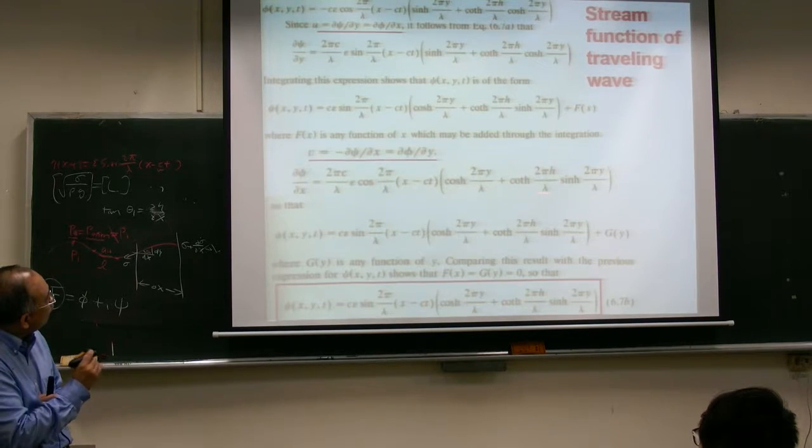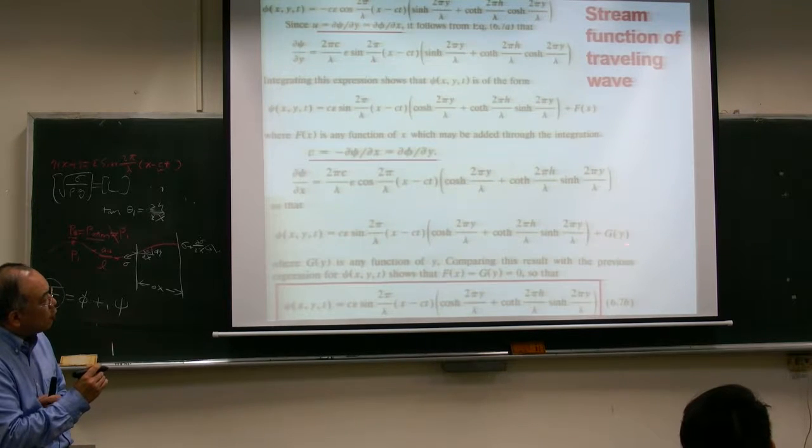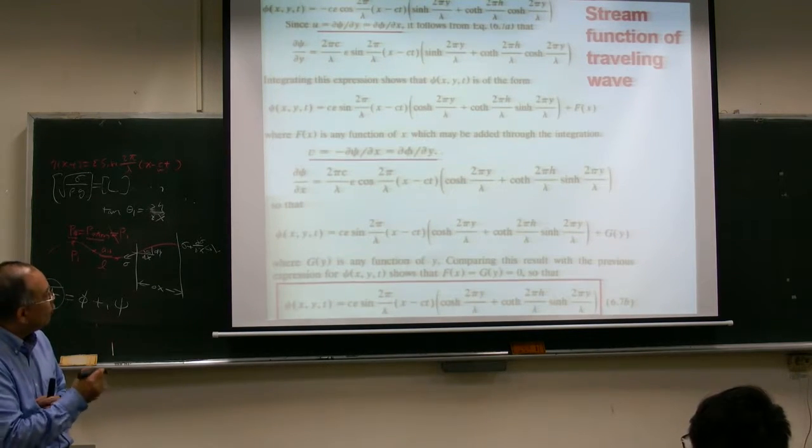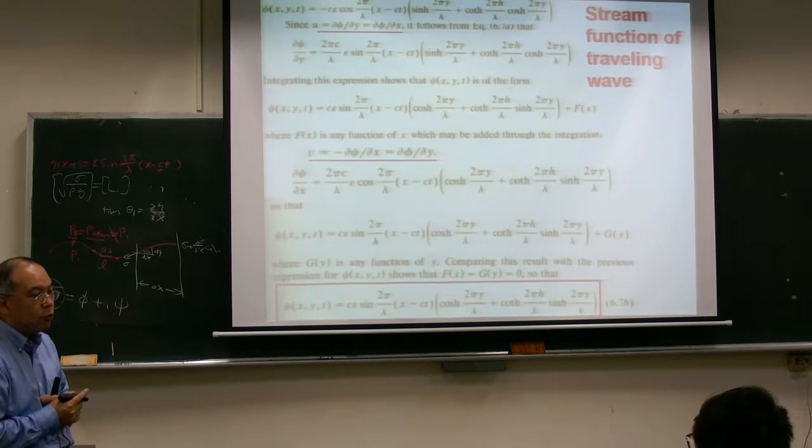When you integrate with x, you get an integration constant, and this integration constant is a function of y only, because you integrated with x, so it cannot be a function of x anymore.